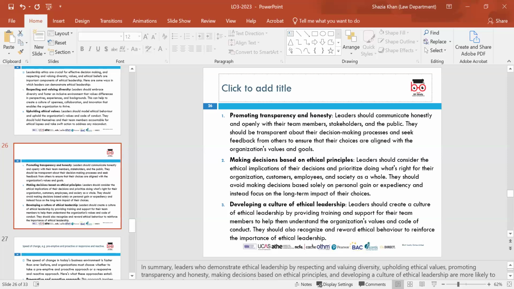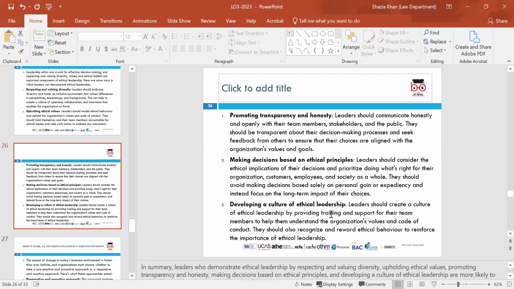Having an ethical leader helps improve how you react with customers, promoting transparency and honesty, which we mentioned, to your stakeholders, to your customers, to the public outside, and making decisions based on ethical principles. Leaders should consider the ethical implications their decisions make and prioritize doing what's right for the organization, the customers, and employees.